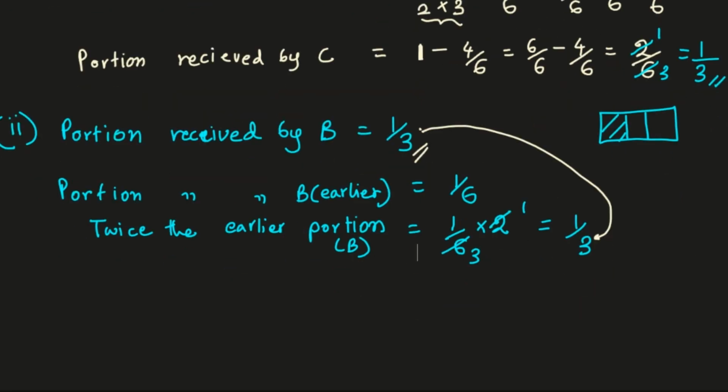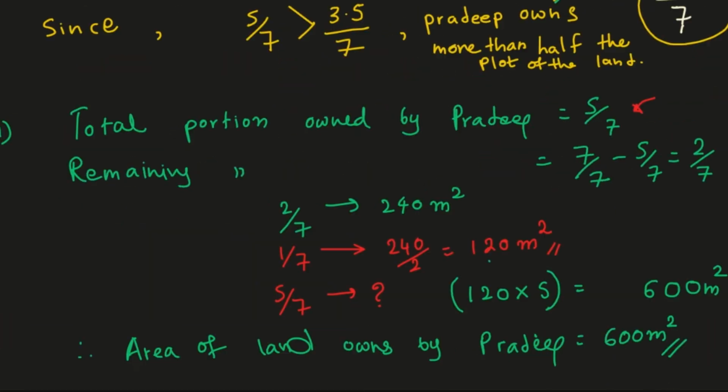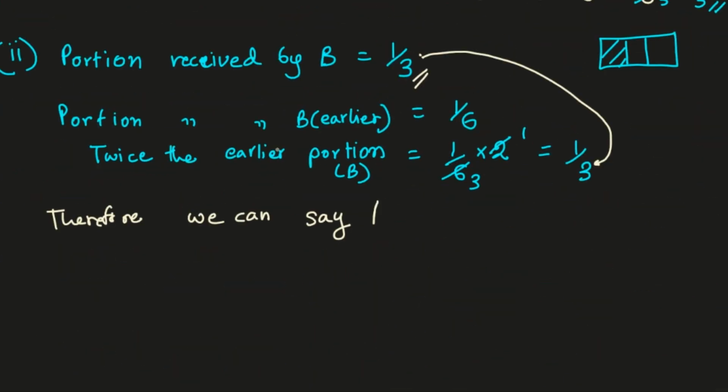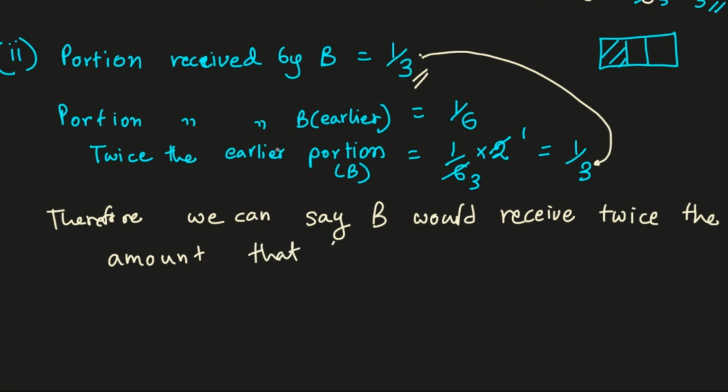So we can simply write, therefore, we can say: B would receive twice the amount that he received earlier.